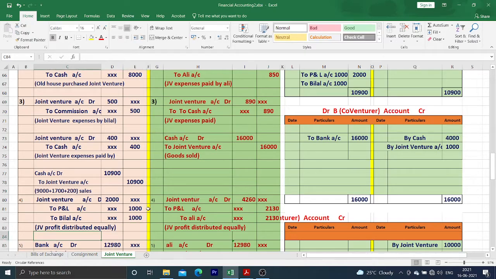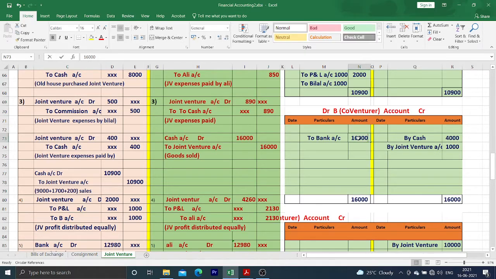Right. So this 1,000 we will update in this B account. The profit entry: joint venture account related to profit and loss account to B account. B account by joint venture 1,000.